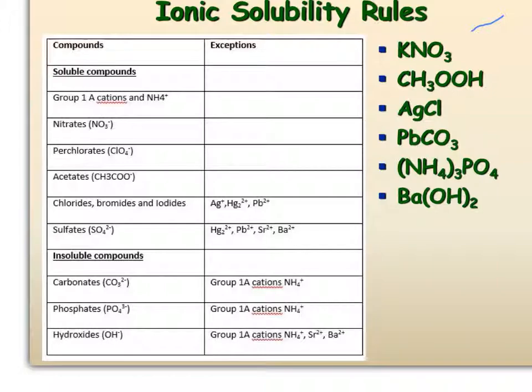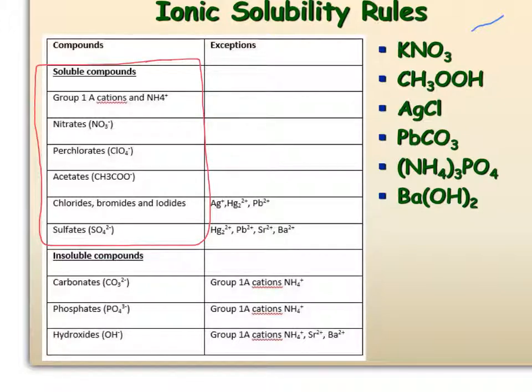So the left column tells us compounds, types of ionic compounds. And then the right column gives us exceptions to the rule. Okay, so the first chunk, we have things that will always be soluble. I mean, they're always going to dissolve when you throw them in water.